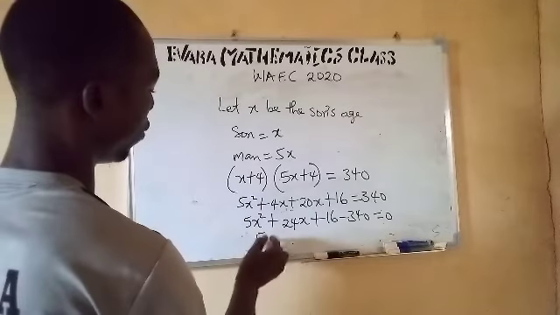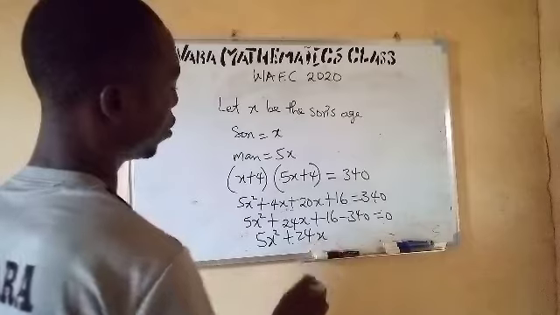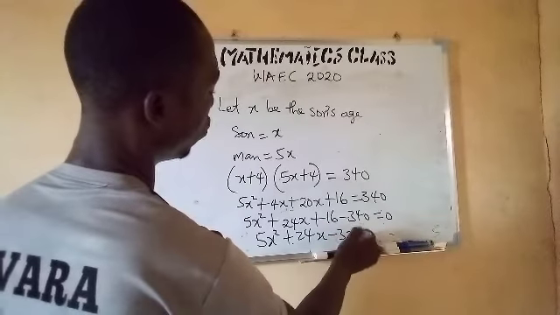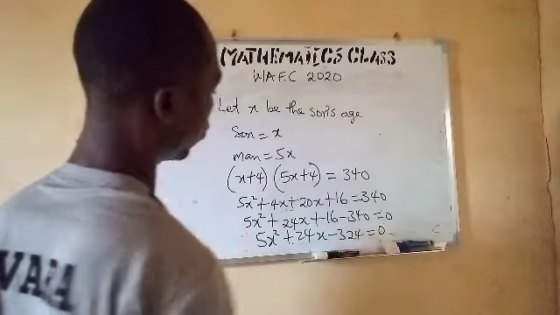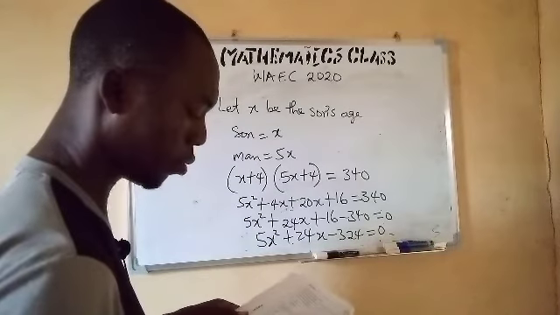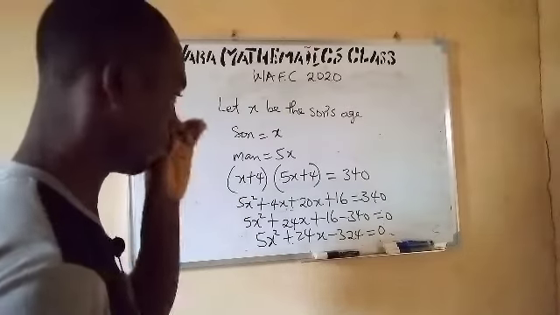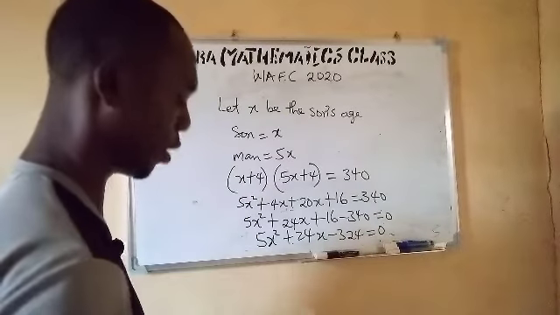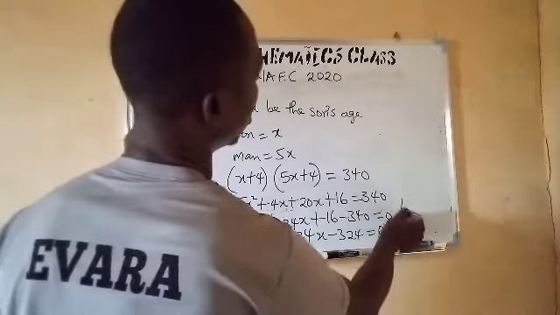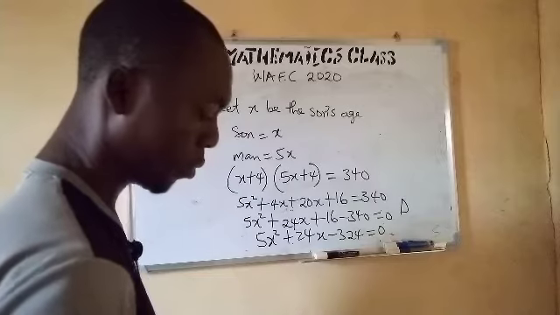So that will be 5x squared plus 24x plus 16 minus 340, that will be minus 324, equals 0. So we are asked to express the product in this form. So this is going to be the final answer, which is option D. Option D is the correct answer there.